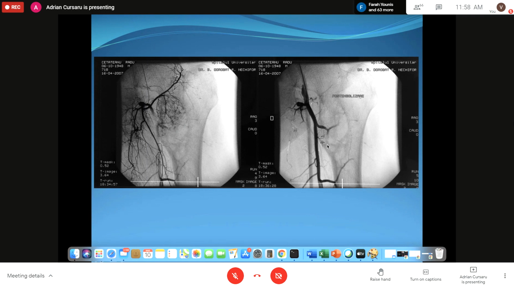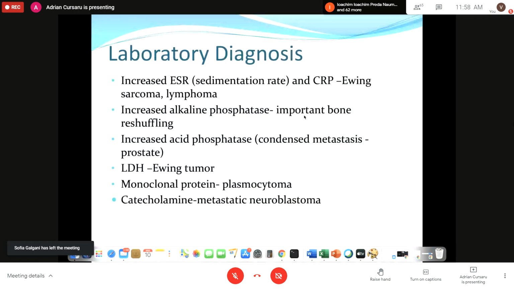It is very important for two reasons. One, you reduce the bleeding during the surgical procedure. And the second one, you prevent skip metastasis in the blood, and that is very important too. We are using that type of arteriography in many cases.